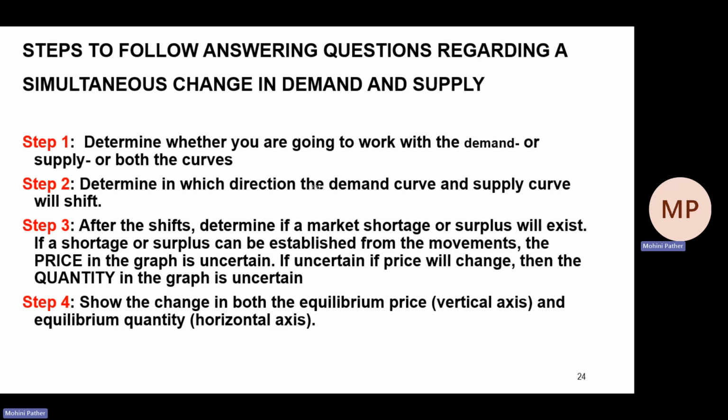If they're moving to the same magnitude, we know that price will increase, but quantity is a bit uncertain. Then you want to show the change in both the equilibrium price, the vertical axis, and the quantity. Show me on the graph, draw little arrows to show that the price has increased or decreased and that the quantity has increased or decreased.